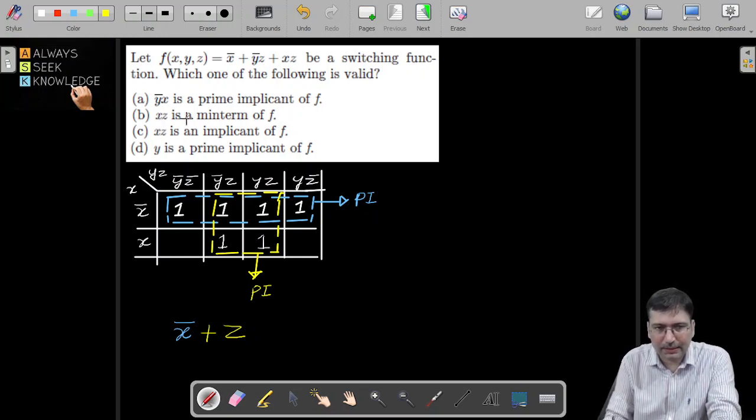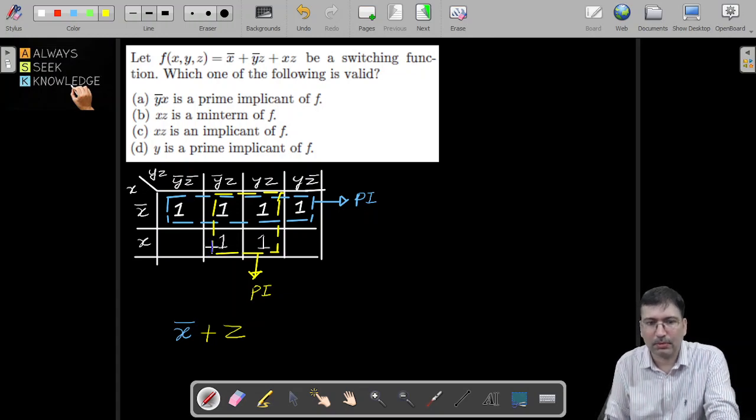Now they are asking whether y bar x is a prime implicant of f. So what is y bar x? Y bar is here and x is here, and y bar x, that means this member, it is asking whether it is a prime implicant or not, right?